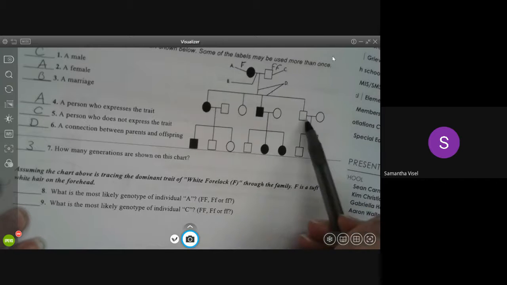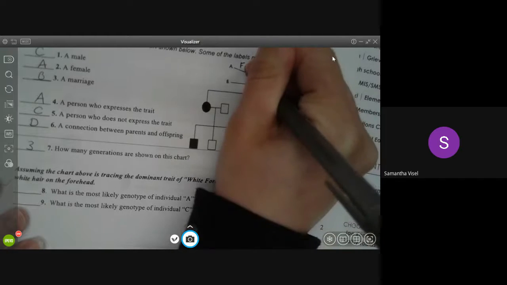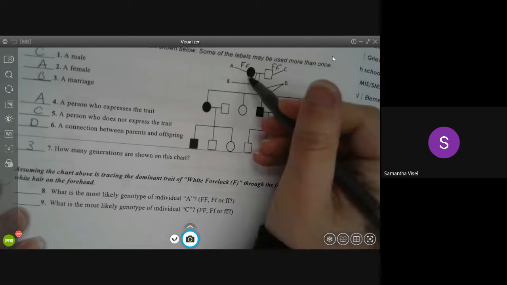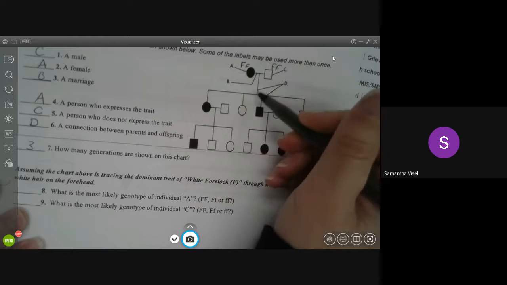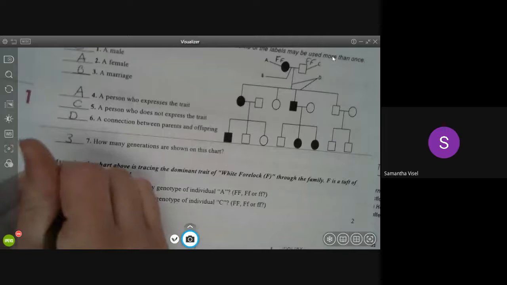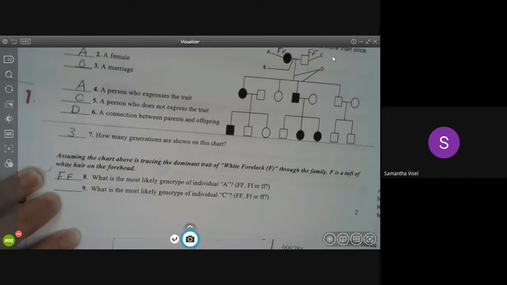So this would only happen if their genotype was little f, little f. So that means mom here must have a little f to give, so that one little f was given from mom and one little f was given from dad. So this genotype here should be big F, little f, since white forelock is dominant.